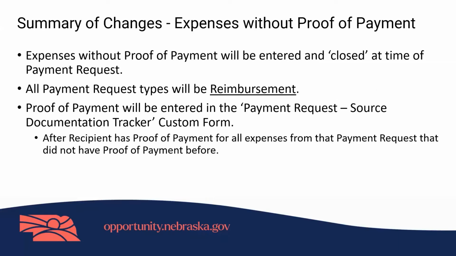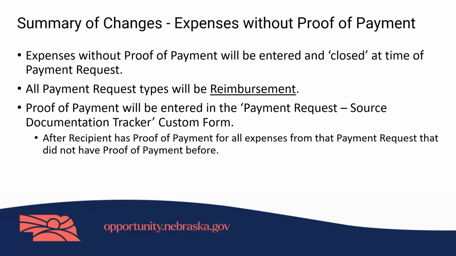So, the summary of the changes when you have expenses without proof of payment. Before, when you didn't have the proof of payment for your expenses, we didn't have you enter the expenses at the time of your payment request, and we had you enter them after.